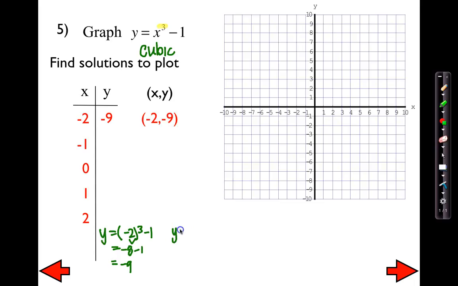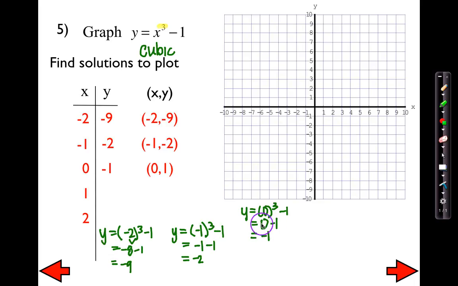Next one, y equals -1 cubed minus 1. -1 cubed is -1, minus 1 would be -2. So my ordered pair is (-1, -2). Next one, y equals 0 cubed minus 1. 0 cubed is 0, minus 1 is -1. So my ordered pair is (0, -1).